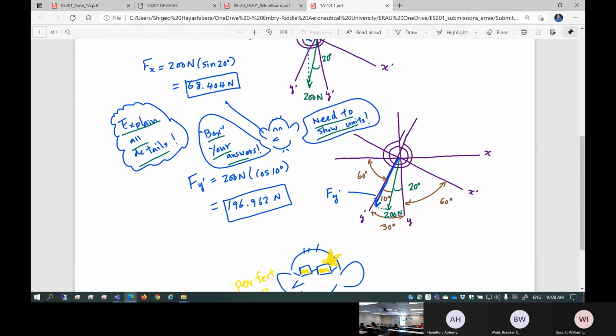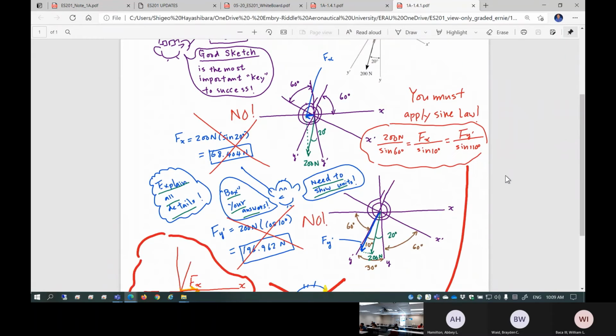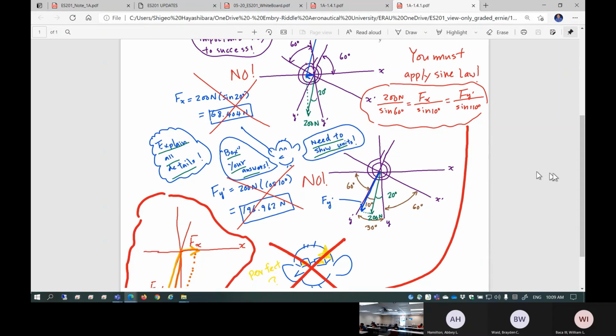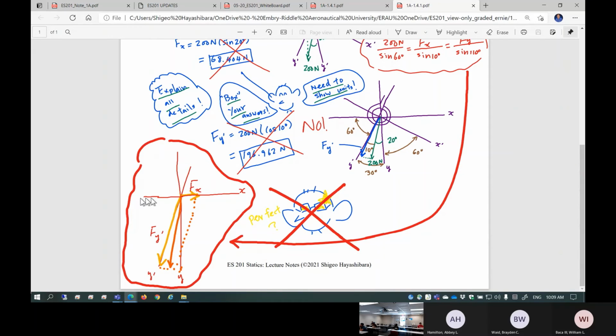Okay? The solution for that, let's take a look at the graded work of this Ernie once again. So this is the graded work. If I grade this kind of work, first of all, you completely forgot about the sine law. Here we go. You are going to resolve your force here into two directions, x and y prime. This is the x coordinate, this is the y prime coordinate. You resolve it first, graphically, and then find this magnitude and that magnitude.